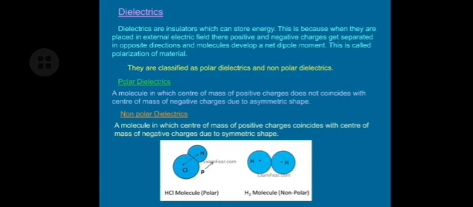This is because when such substances are placed in an external field, their positive and negative charges get separated in opposite directions, and the molecules develop a net dipole moment. This is called polarization of a material. Such a material is called a dielectric.